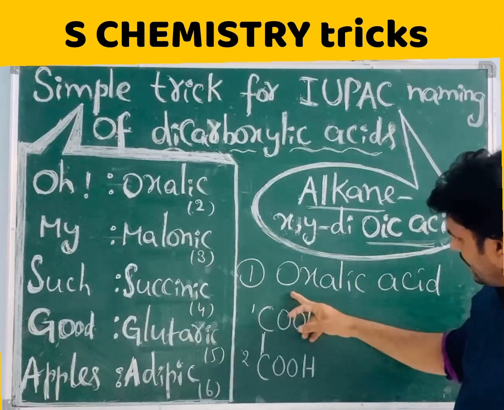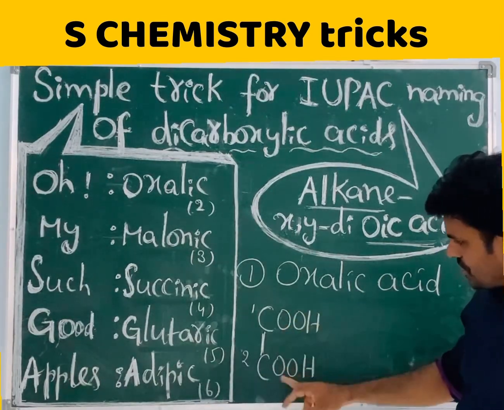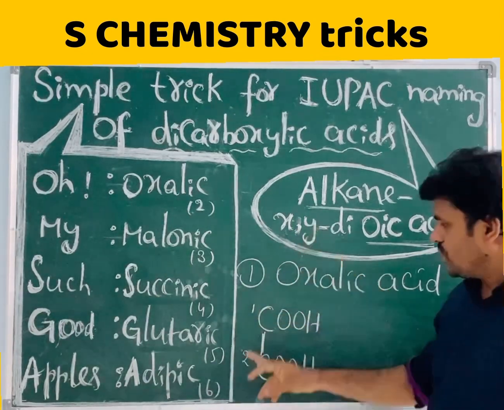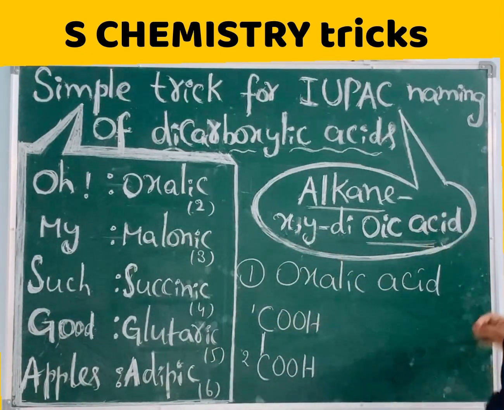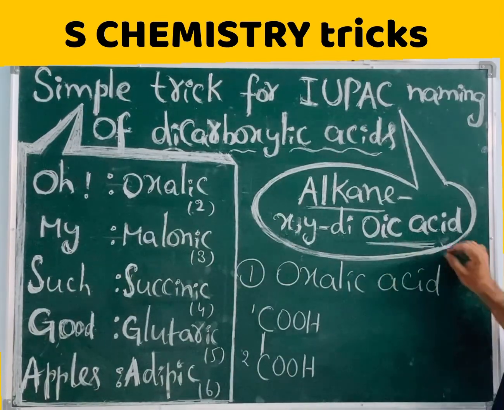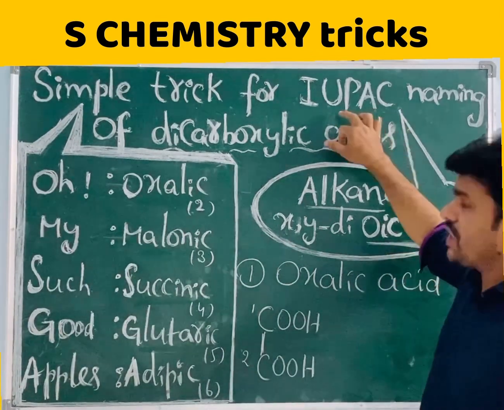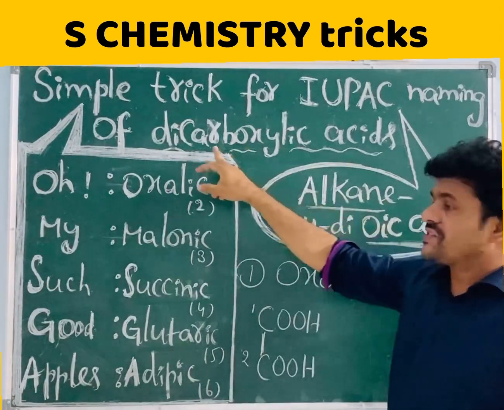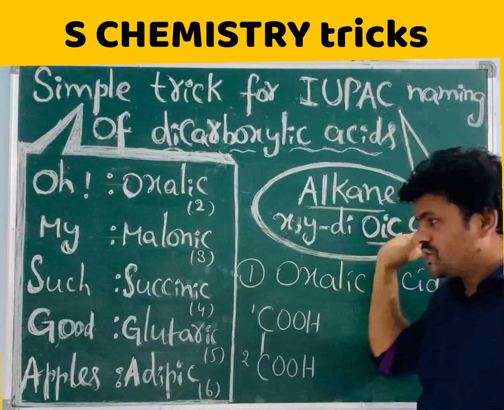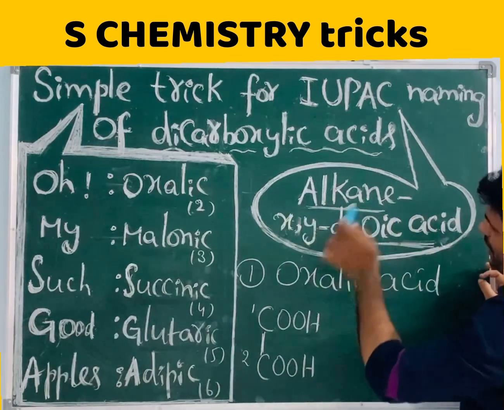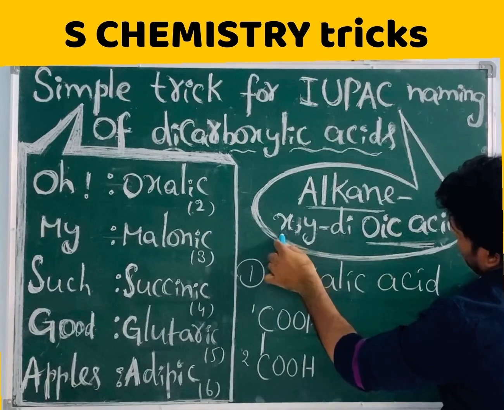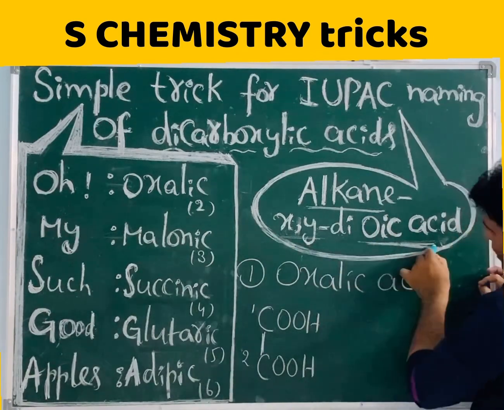For example, in oxalic acid, X value is 1, the first carbon, and Y value is 2, the second carbon. Next, oic acid: according to the IUPAC system, oic acid is the suffix name of carboxylic acids. So the complete IUPAC name of dicarboxylic acids is alkane X, Y dioic acid.